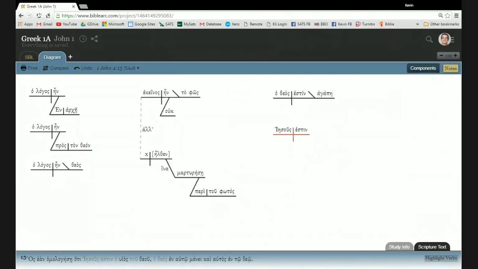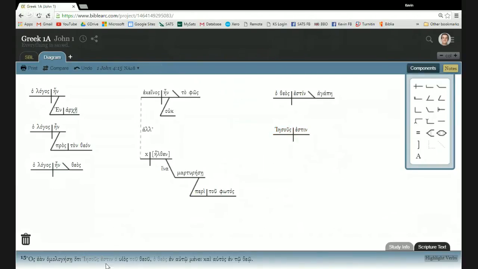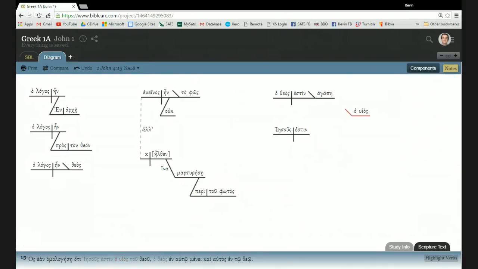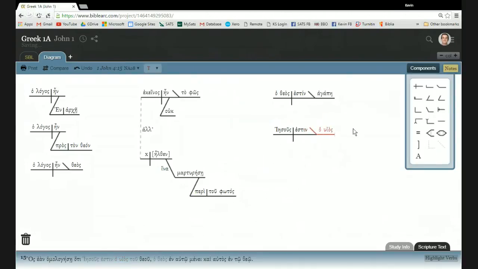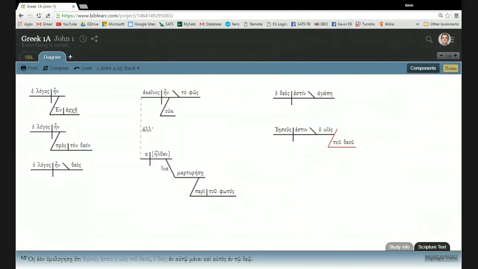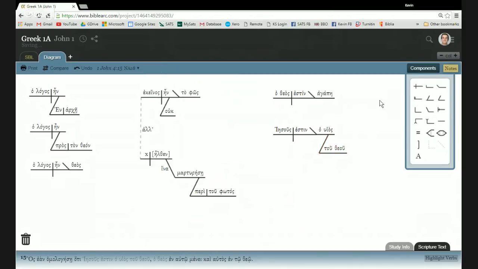there's a reason this is a variation. Jesus is, our predicate nominative is huios, and tou theou is a genitive modifying huios. So Jesus is, what state does Jesus exist in? The state of being huios tou theou, the Son of God.